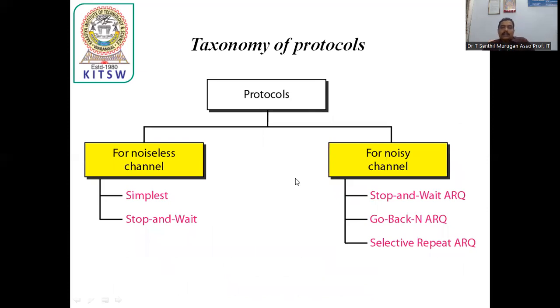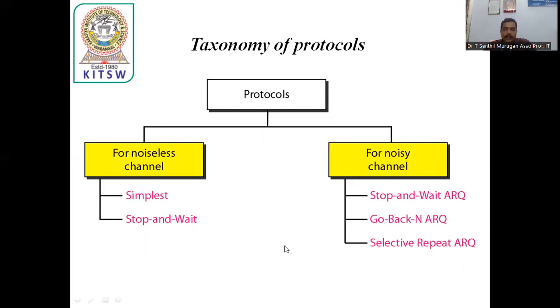The protocols of the data link layer can be classified into those for noiseless channels and those for noisy channels. For noiseless channels, there are the simplest protocol and the stop and wait protocol. For noisy channels, there are the stop and wait ARQ, go back N ARQ, and selective repeat ARQ models.